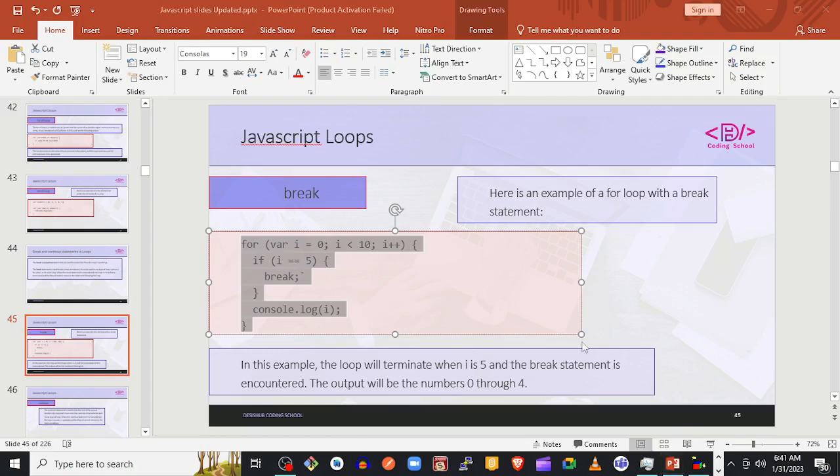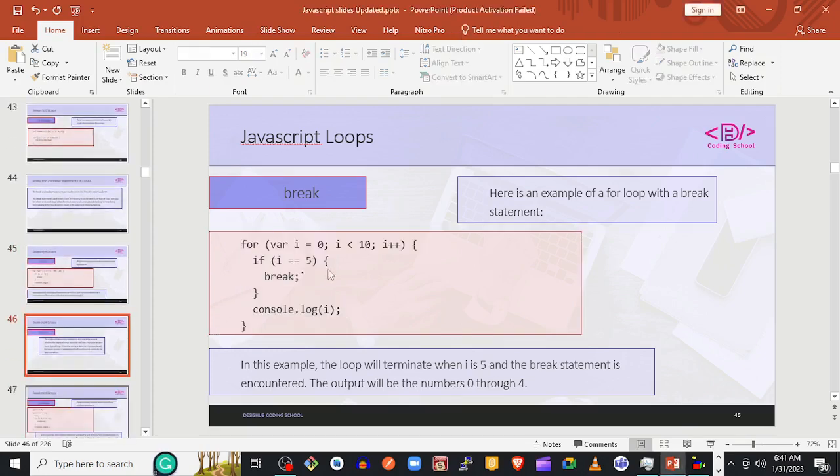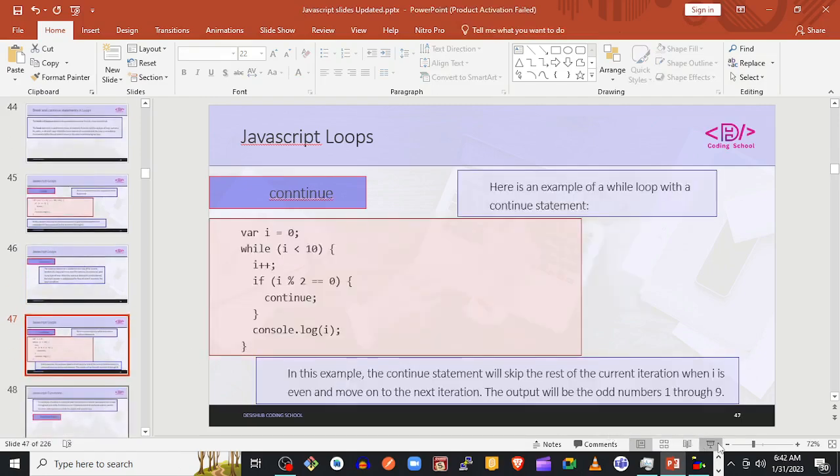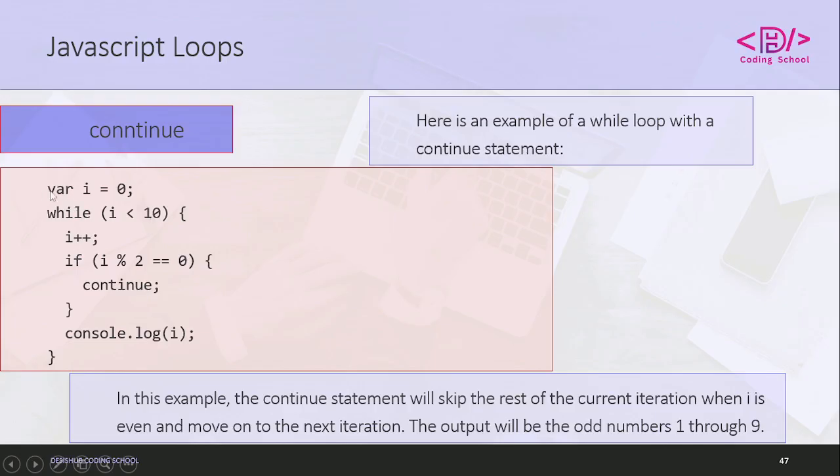And the last one is a continue statement. The continue statement is used to skip the rest of the current iteration of the loop and move on to the next one. It can also be used in any type of loop. So you see here an example. You have a while loop here. You first initialize outside the while loop.